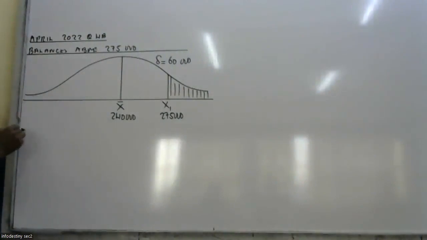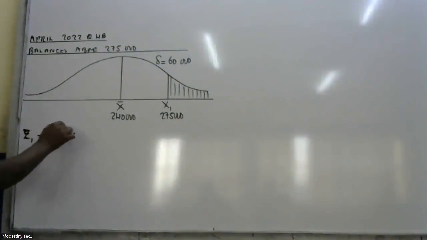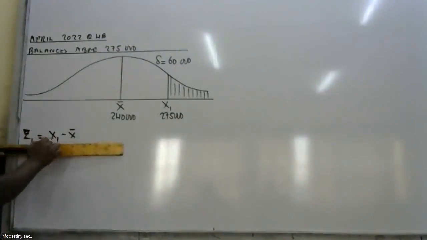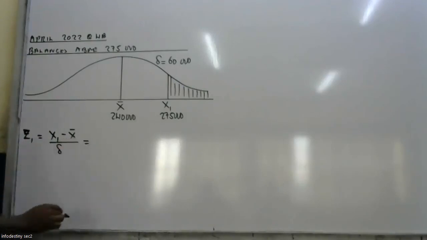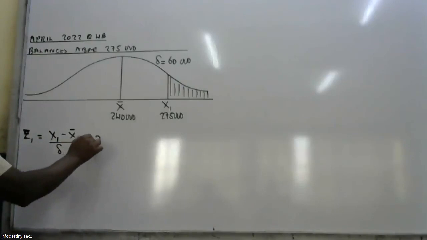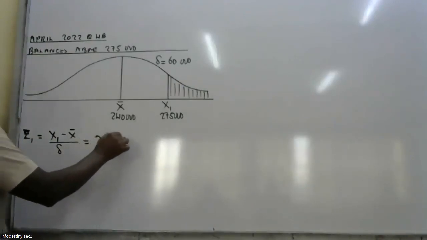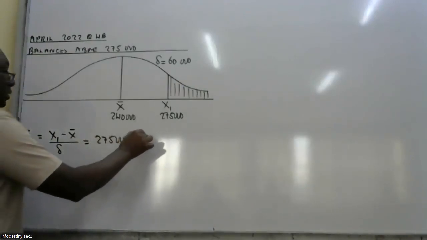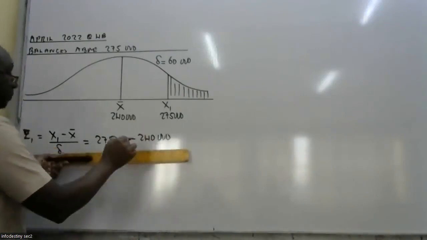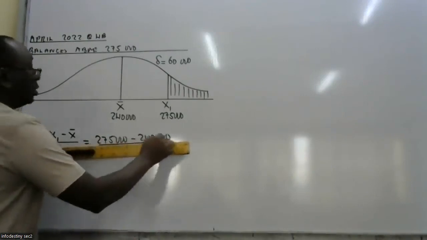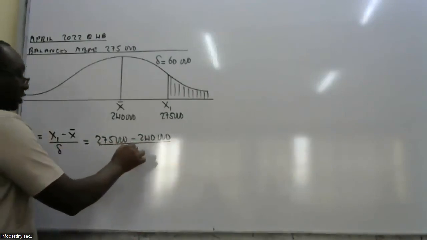So as usual, we have Z1 is X1 minus X bar, you divide by standard deviation. This is 275,000 minus 240,000, you divide by 60,000.